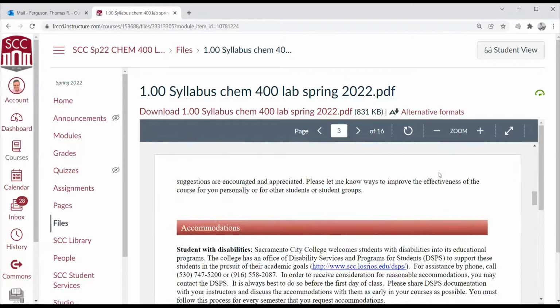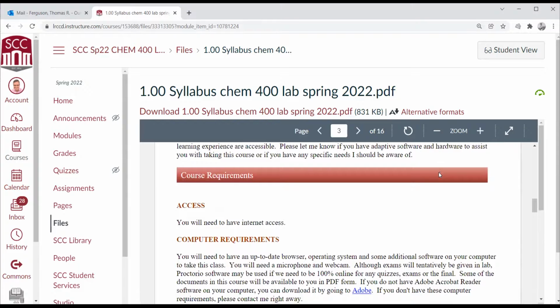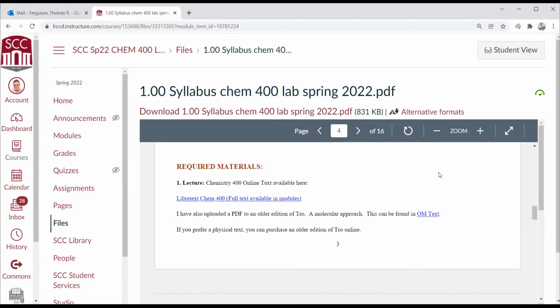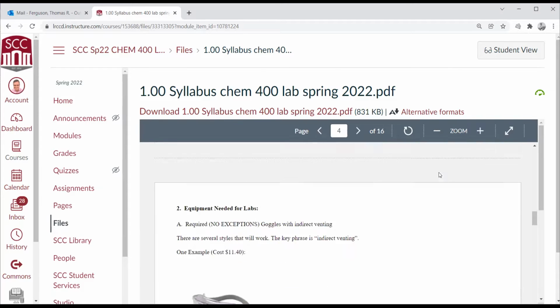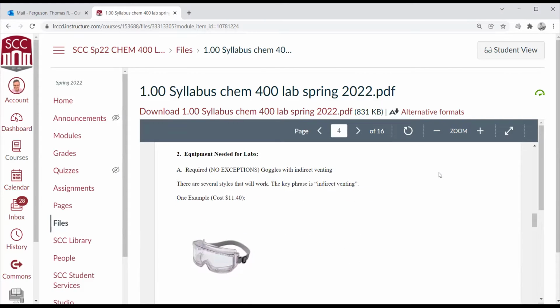Okay, and if you go to the end, here's required materials. I've downloaded this OER free textbook for you as a PDF, or you can do it online if you use that link. There are no exceptions.